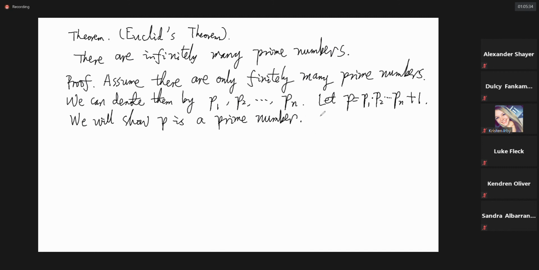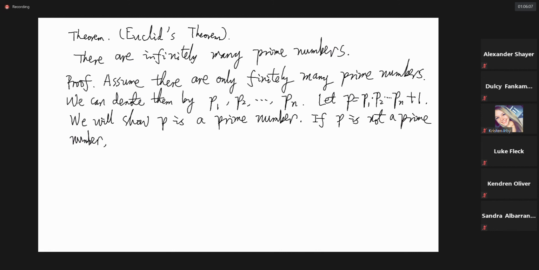Okay, so you can see here in the proof of the contradiction, we use another proof by contradiction to show P is a prime. If P is not a prime number, recall the lemma we just proved.